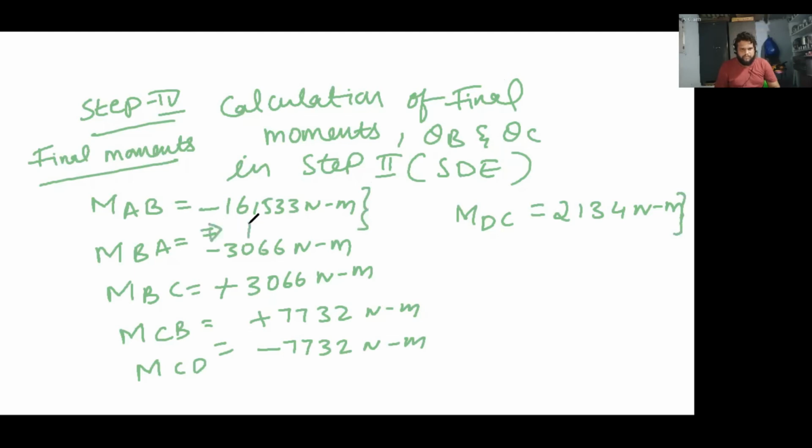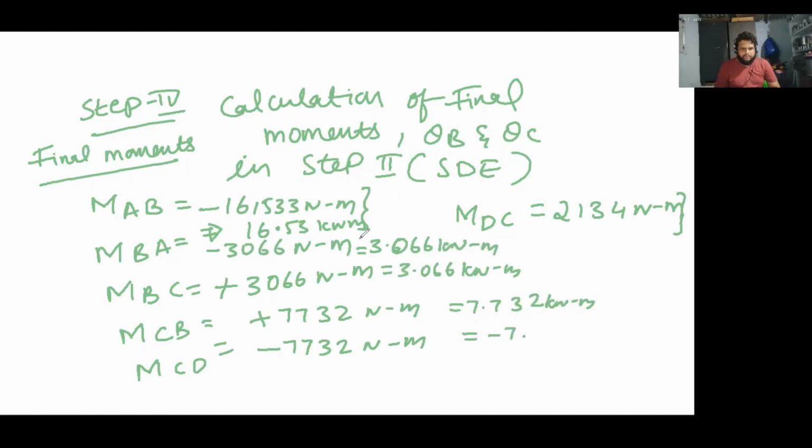This will become 16.53 kilonewton meter, and this will become 3.066 kilonewton meter, and this is also 3.066 kilonewton meter, and this is 7.732 kilonewton meter. Here also there will be minus 7.732 kilonewton meter, and this is 2.134 kilonewton meter. If I write it in kilonewton meter, my ordinate size will be decreasing. That is the only reason I am writing over here.